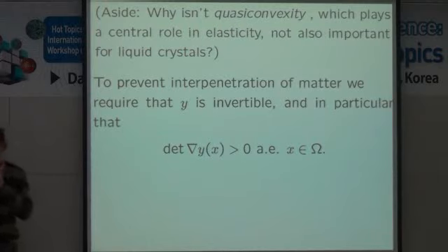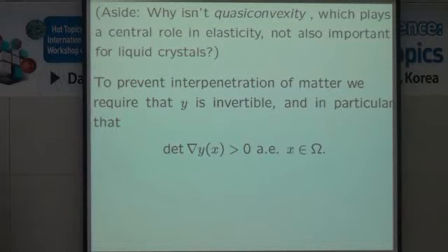How do we ensure that the deformation is invertible? Well, there are two sorts of points here. There's some kind of global condition about what happens on the boundary, but there's a local condition. You also want it to be locally invertible, and you would like the determinant of the deformation gradient to be positive, so that you get local invertibility, more or less, at least for almost every x in omega.